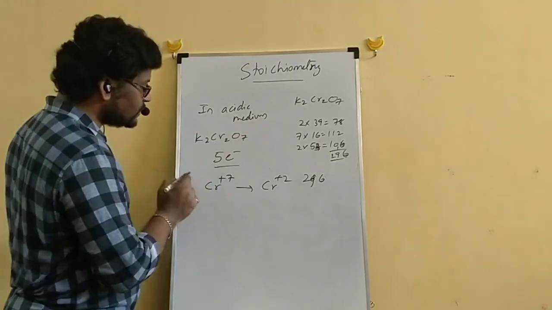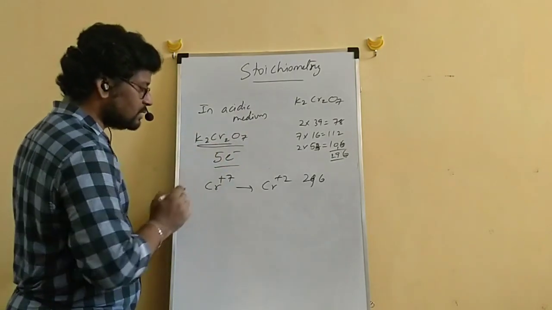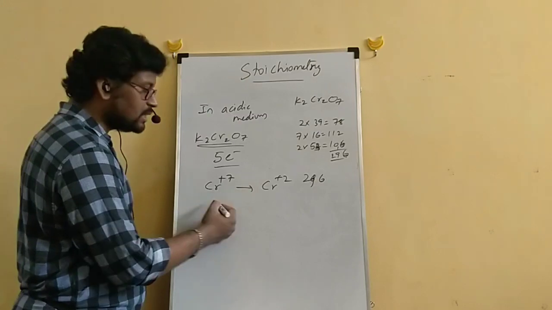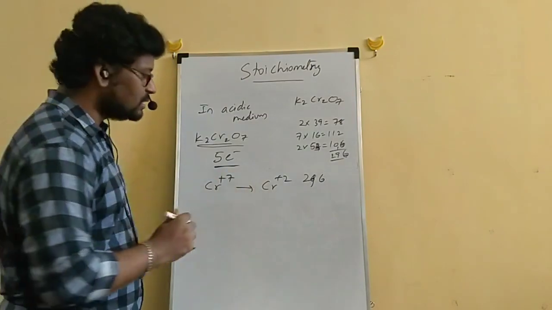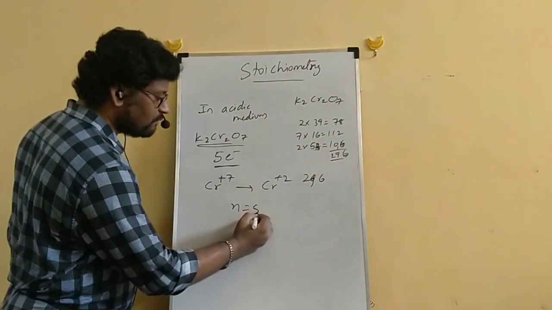Now in acidic medium, K2Cr2O7 contains Cr in the plus 7 oxidation state. It is changed to Cr plus 2. How many electrons are involved? 5 electrons. So what is the n value? 5.